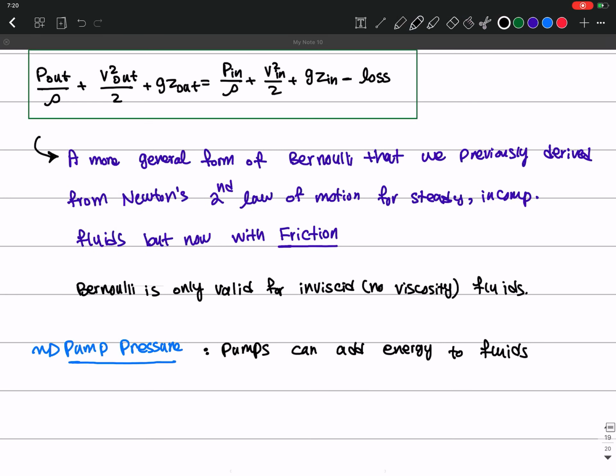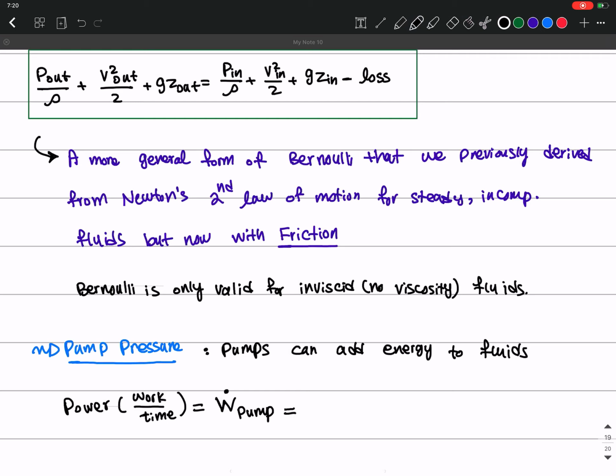So power of pump is defined as what? Work over time, right? Power is work over time. And we can show that, so what is work over time? This is the time rate of work, right? So we can just show it with W dot, or W dot of pump, right? The power of pump equals W dot of pump, which is work per time, okay?